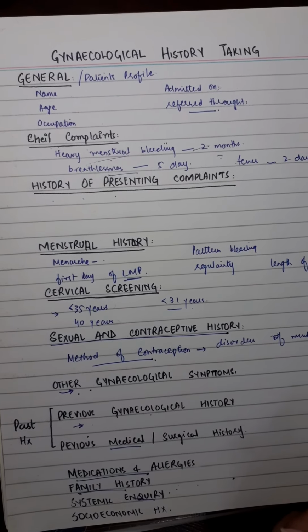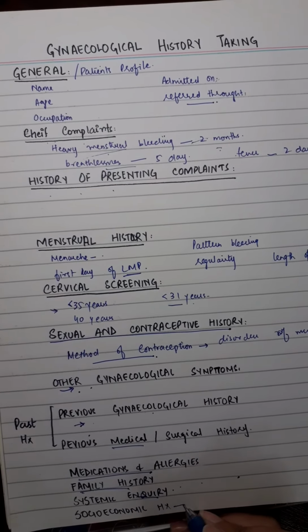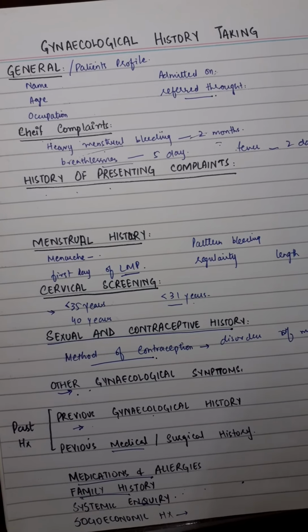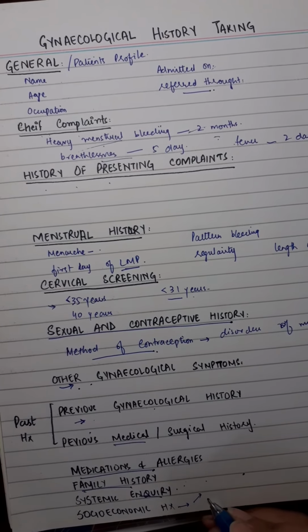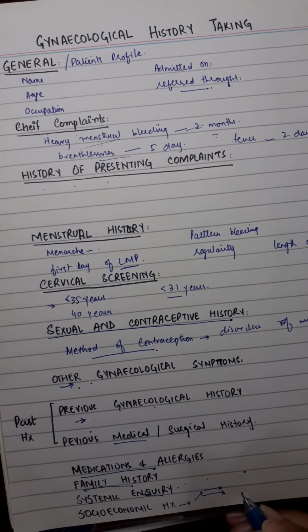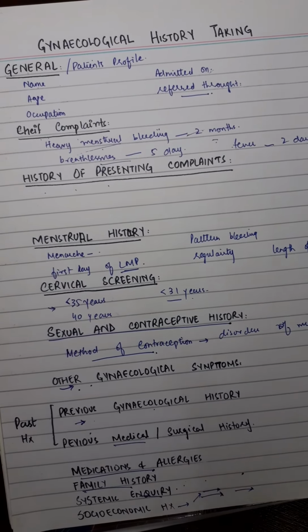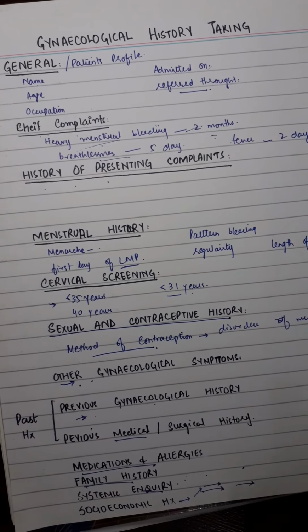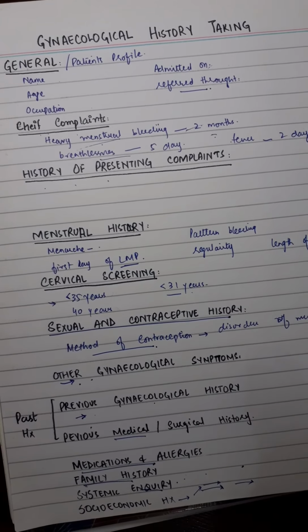Other than that, the last heading is socioeconomic history, and in socioeconomic history, you are going to ask about the patient's husband, and how many people live in one house, the details about the house they live in, the rooms, cemented, ventilation, the pets in the house, which water they drink.